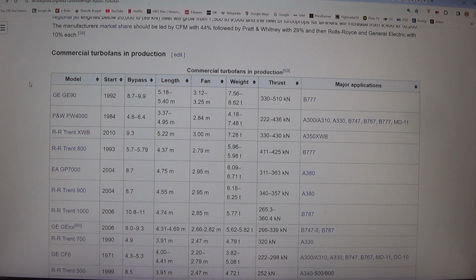Commercial turbofans in production. Model start bypass length fan weight thrust major applications.